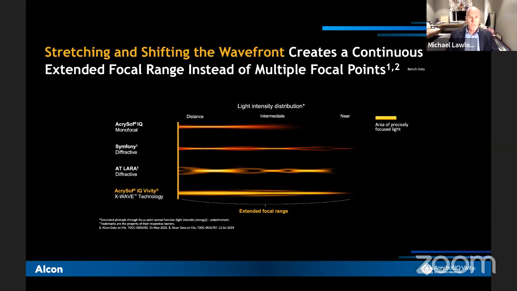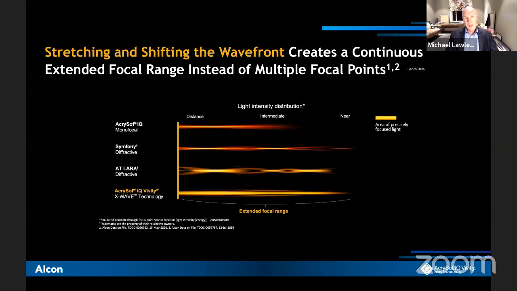I find this a really helpful slide. On the top, this is like an equivalent of a modulation transfer function. The monofocal has an excellent light intensity distribution at distance, but it fades off at intermediate and near, as we know. The AT Lara, the Zeiss lens, was my go-to EDOF lens, and I still use it.